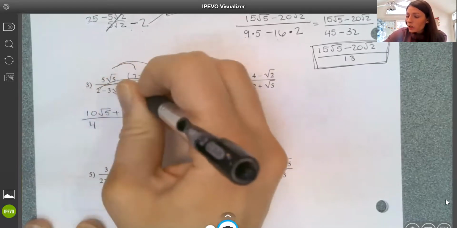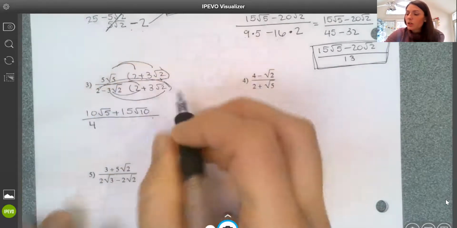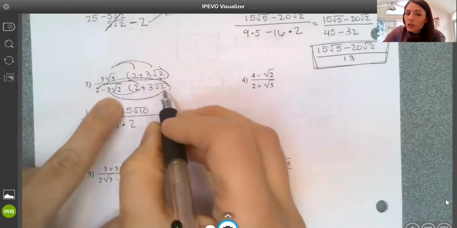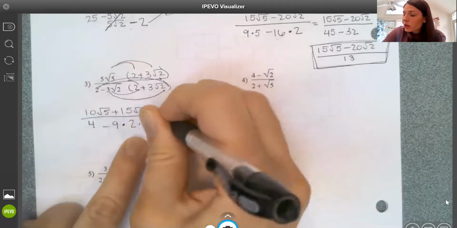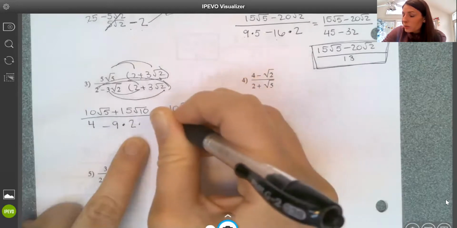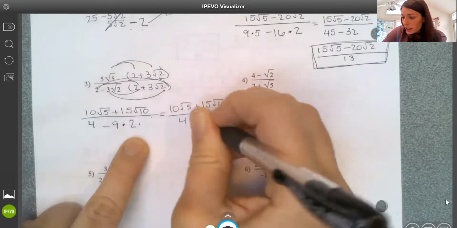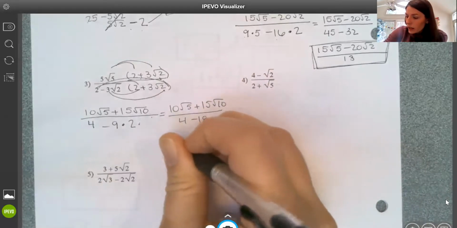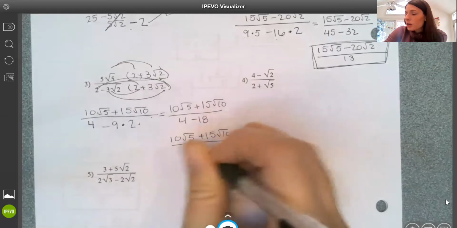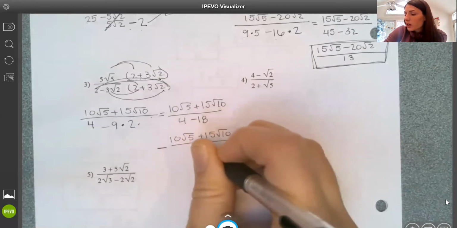Remember, outer, inner is going to cancel. So then I just have to do the last, which would give me negative 9 times 2. 2 times rad 2, regular 2. I have 10 rad 5 plus 15 rad 10 over 4 minus 18, or 10 rad 5 plus 15 rad 10 over negative 14, which we may want to write that negative out front.